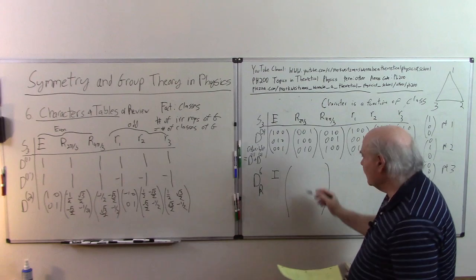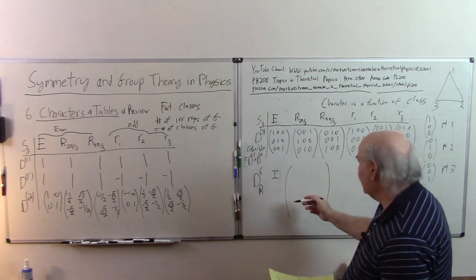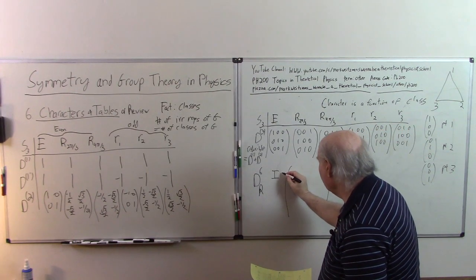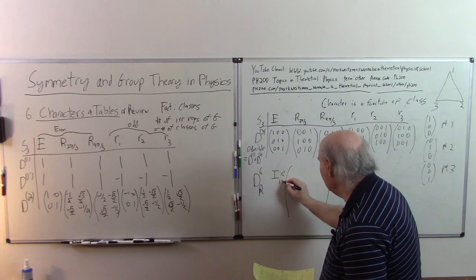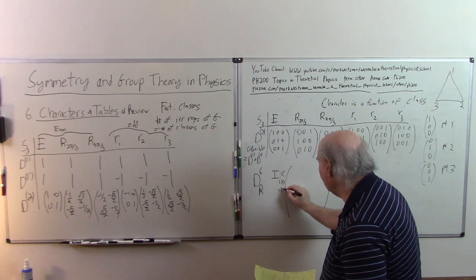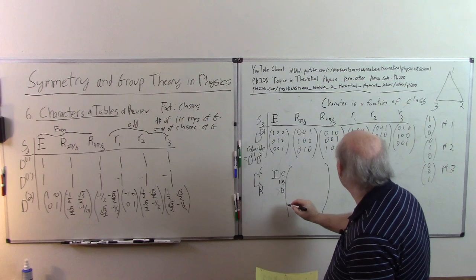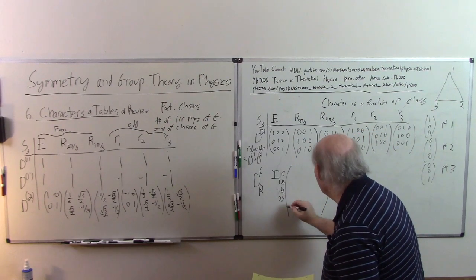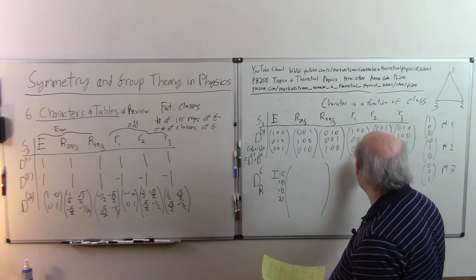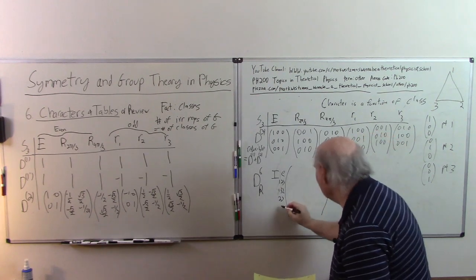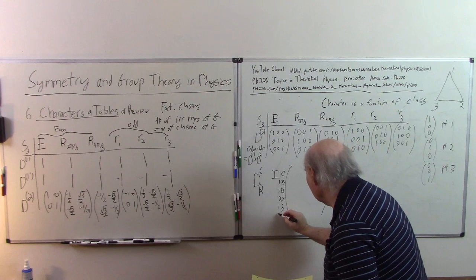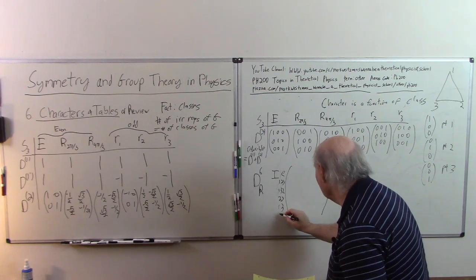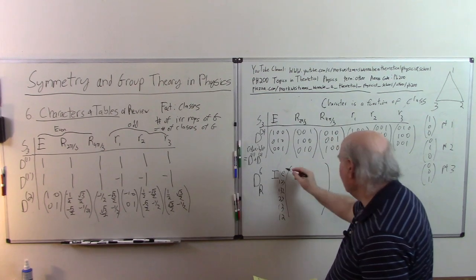Here what we do is we label the rows by the group elements, like E, 1, 2, 3, 1, 3, 2. I forgot what I labeled R2. R2 is 2, 3. R1 is 2, 3. R3 is 1, 3, and then this is 1, 2. So these are the group elements.